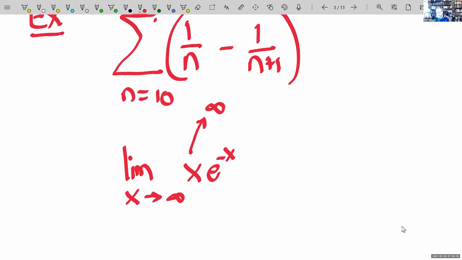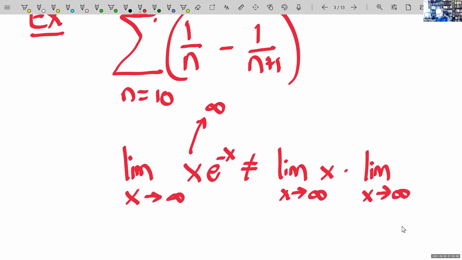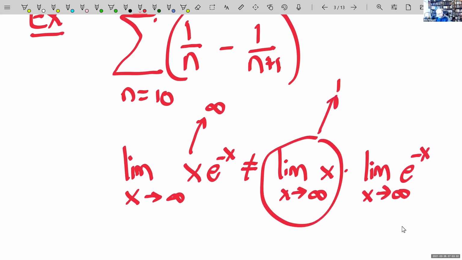In fact, this thing goes to 0. So pulling this apart is not legal, because when you pull it apart like this, one of these limits is not finite. That's just a recall from your Calc 1 class. You cannot break them apart and say, oh, one's not finite, so the whole thing is not finite. That's not true. This limit is actually 0.